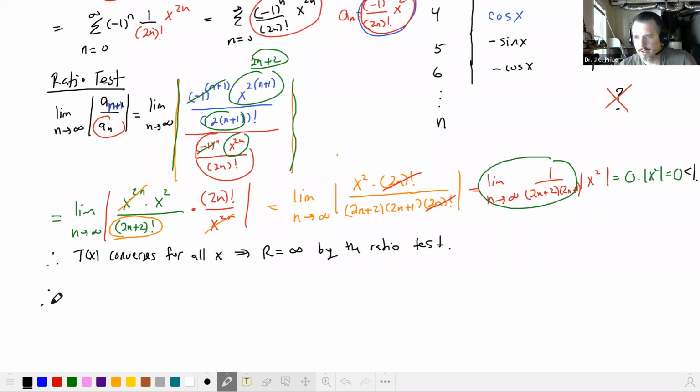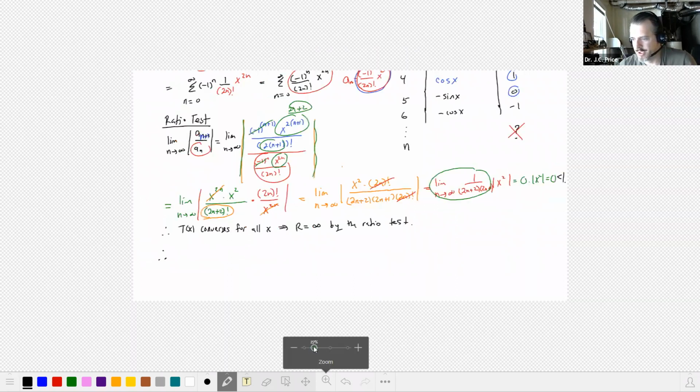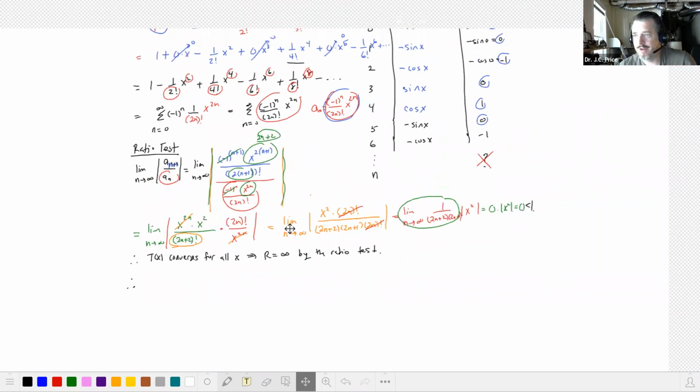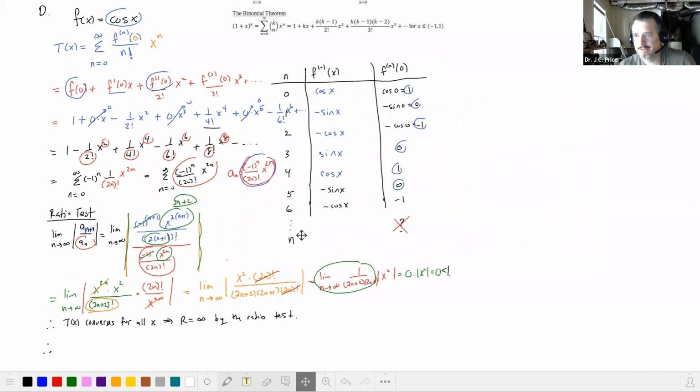Therefore, let me zoom out here so we can see the whole picture. So therefore, our very final statement, we want to say that cosine of x is actually equal to this sum, n equals 0 to infinity, of -1 to the n over 2n in parentheses factorial, x to the 2n for x between, and since it's infinity, it goes -infinity to infinity.